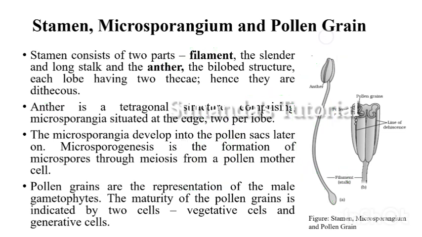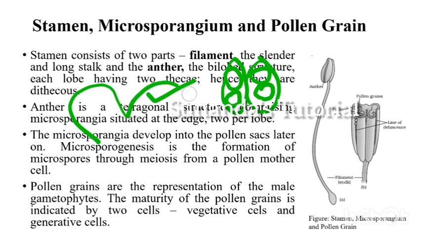Anther is a tetragonal structure comprising microsporangia situated at the edge, 2 per lobe. That means the anther is two-lobed, bilobed, and they have 2 sacs or theca in each lobe. So it is tetragonal in structure, like this.